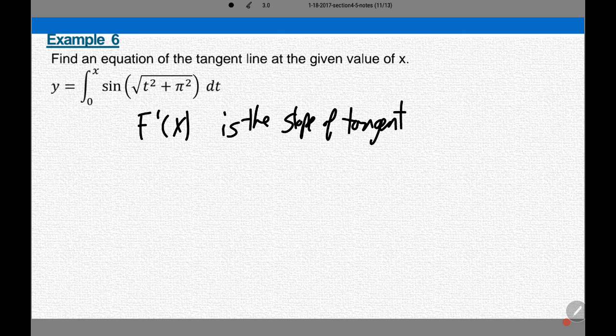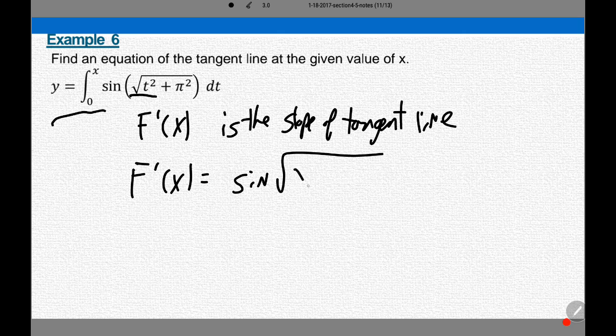We're going to use the fundamental theorem part 2 again to figure f prime of x out. Again, if we look up here, we're going from 0 to x. I've got a t squared in here. So that means f prime of x is going to equal the sine of the square root of x squared plus pi squared.